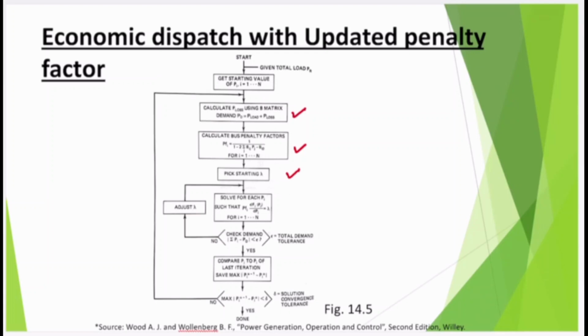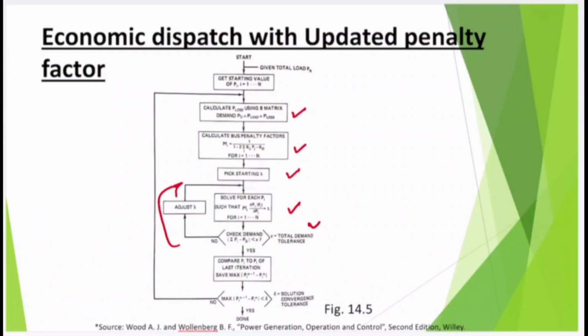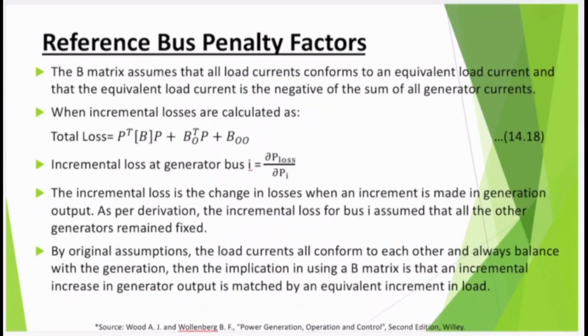Then we solve for each P using the penalty factor, because penalty factor and P are interrelated. Once we get this value, we get a new lambda, then increment this lambda and repeat this cycle until you get your final solution. So this is the step-by-step procedure. We have already solved it, but as an algorithm, we can also understand how the penalty factor can be used to obtain economic dispatch solutions for a given system.